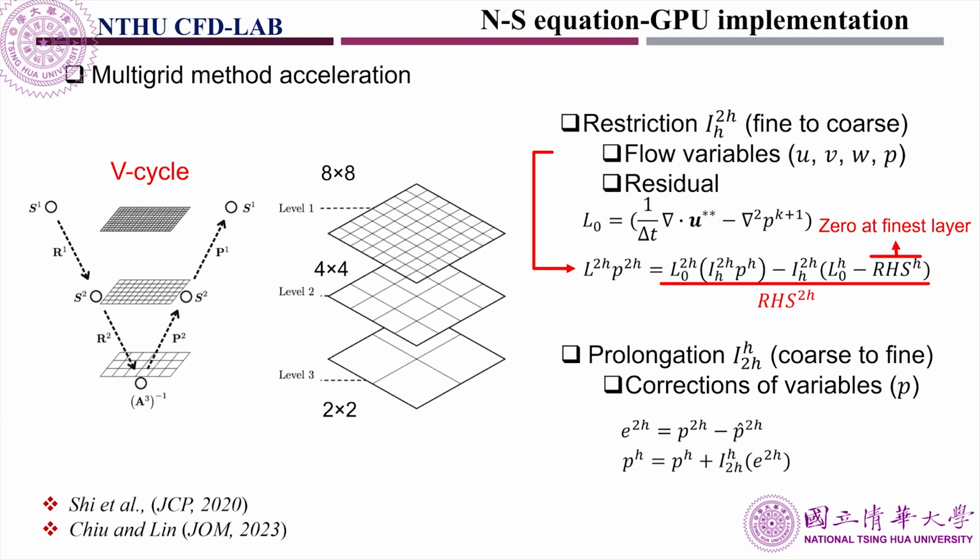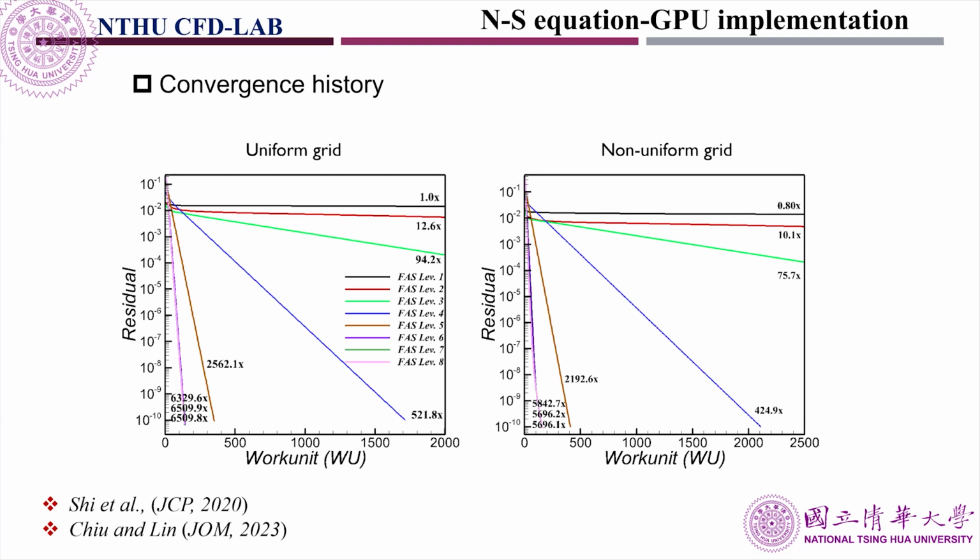We have fine grid, medium grid, and coarse grid. For example, 8x8, 4x4, and 2x2. Now we have restriction and prolongation. So now we know that if you can reach the coarsest level, you can see that it depends on the mesh size. I think this is 512 cube, something like that. So you can see the speed up.